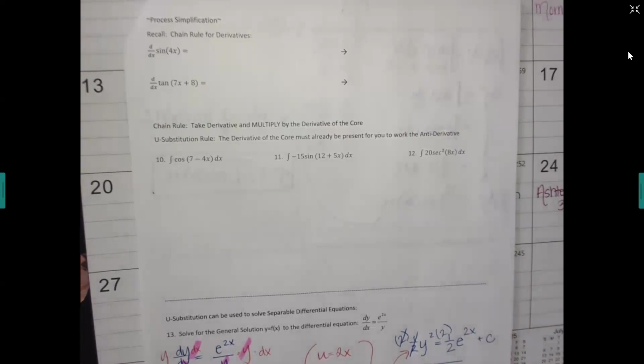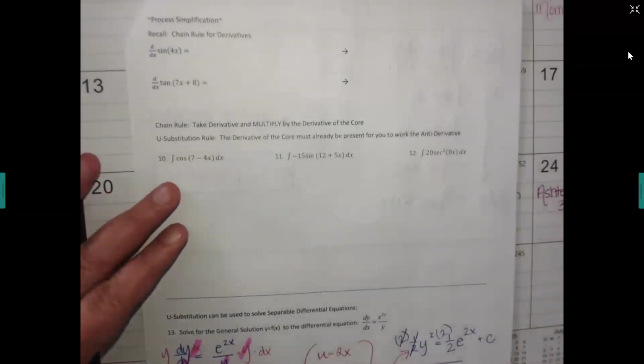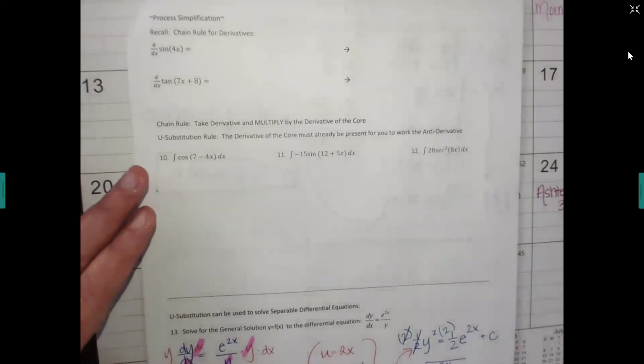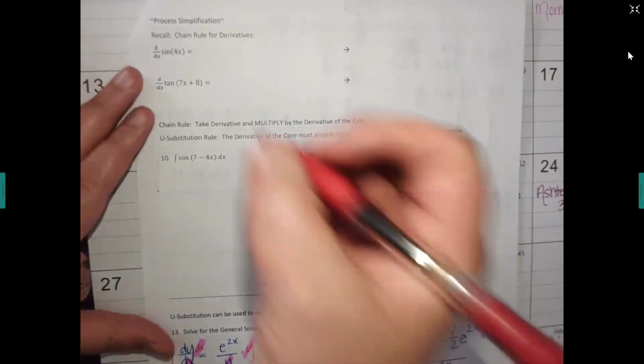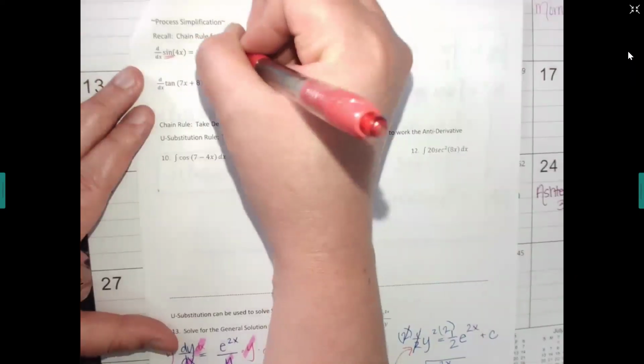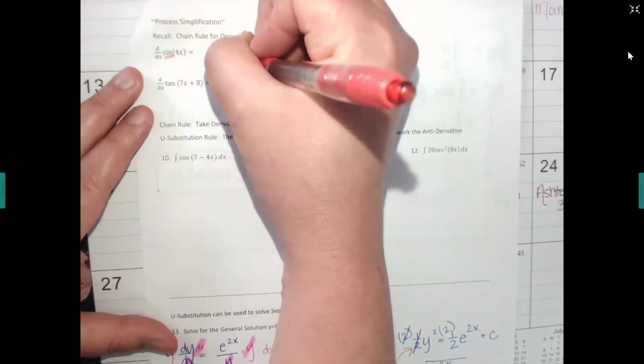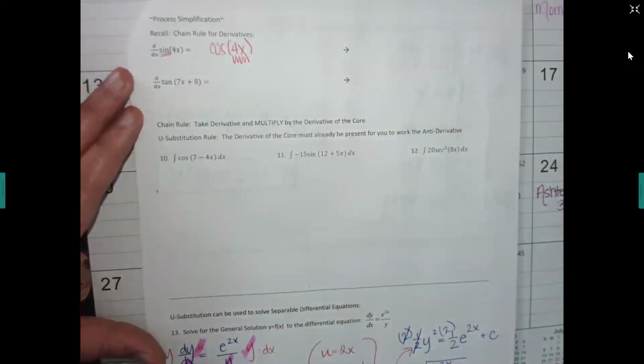Okay, so I'm gonna show you a little bit of a shortcut for u-sub. And then maybe you like it, maybe you don't. But let's think first about what we're undoing. Okay, the derivative of sine 4x. What's the derivative of sine? Cosine. Then do you remember you keep the 4x the same, but then you times by what? 4.